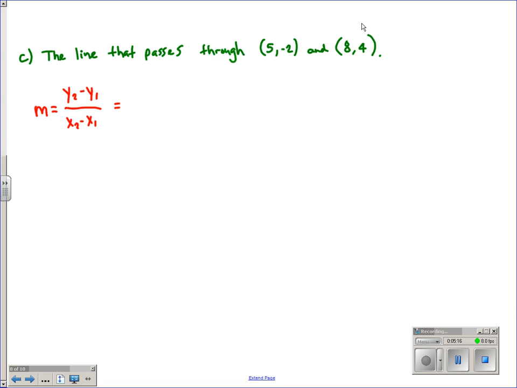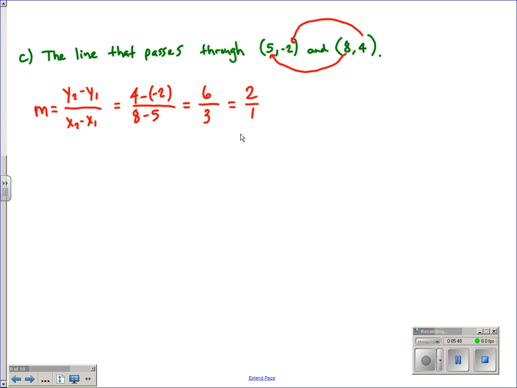So 4 minus negative 2, over 8 minus 5. 4 minus negative 2 is like 4 plus 2, we get 6. And 8 minus 5 is 3, and 6 over 3 is 2.